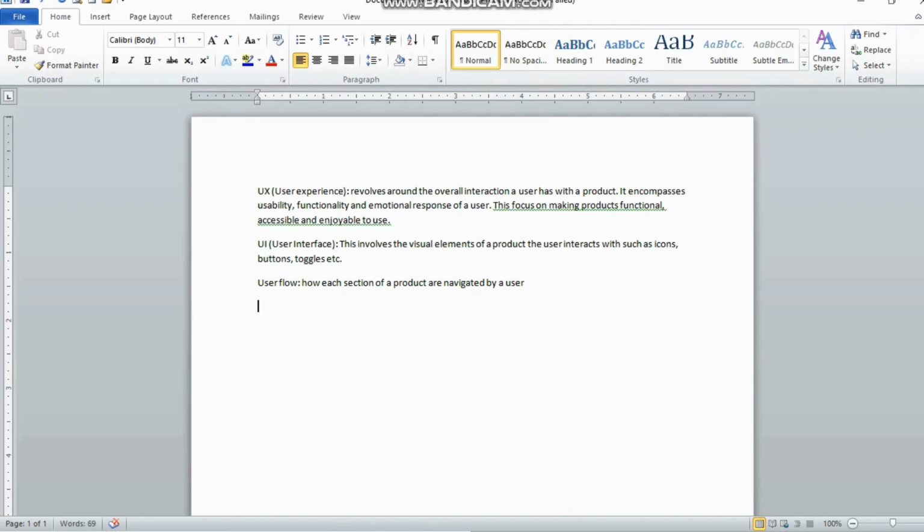Now another thing you should understand as a designer is you need to look out for an idea, right, which comprises of a problem and a solution. As a designer, it is not enough just having the problem, right, or just identifying the problem. It is not enough. You need the solution to that problem, right?